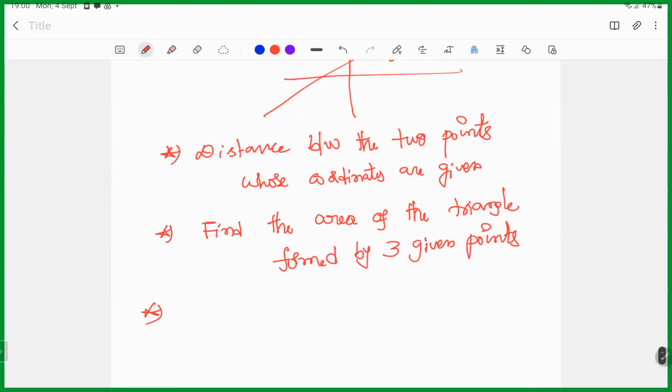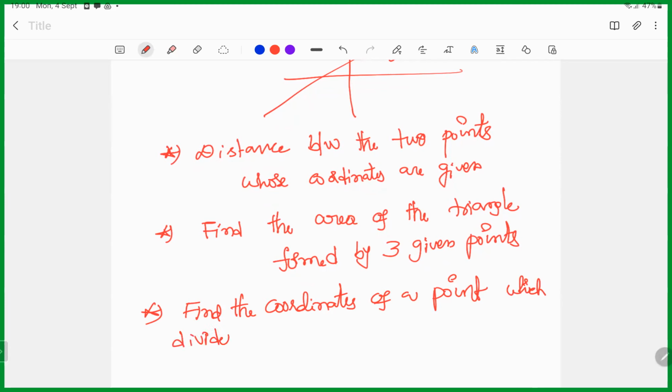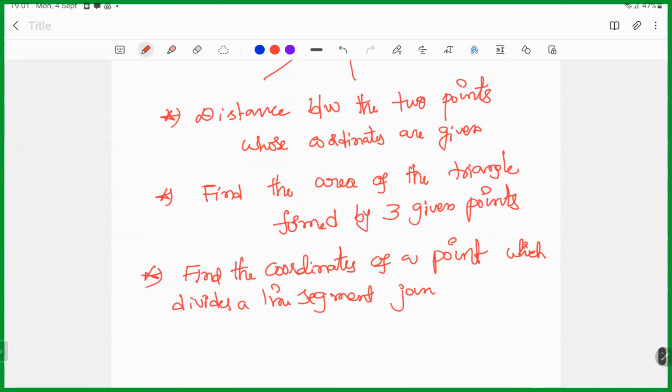Also find the coordinates of a point which divides the line segment joining two given points in a given ratio.